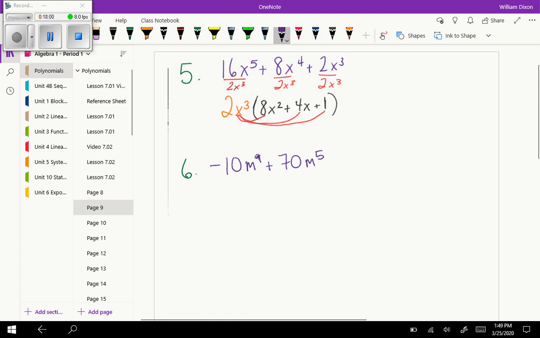There's a negative there, so it's not going to be 10, it's going to be negative 10. I think that's important. So I'm going to write negative 10. Again, which variable has the lowest power? m to the 5th. Let's divide that by both.